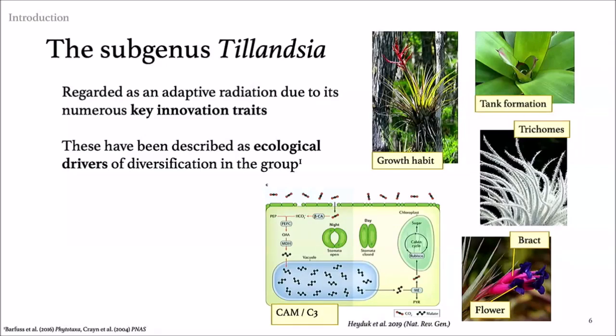And so these traits are theorized to actually allow lineages to occupy novel niches. And a few of them I will describe here. So quite a few Tillandsias have evolved the epiphytic lifestyle. So they don't grow on the soil, they grow on top of trees. And you can definitely see the competitive advantage of that.